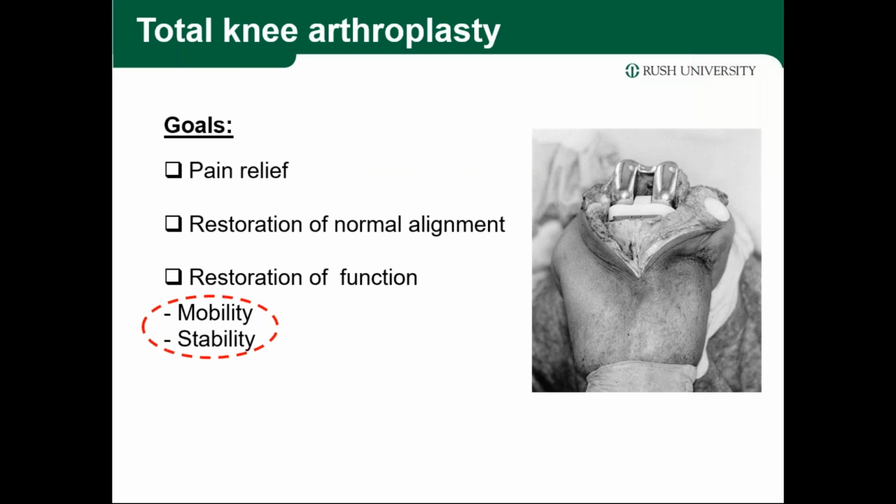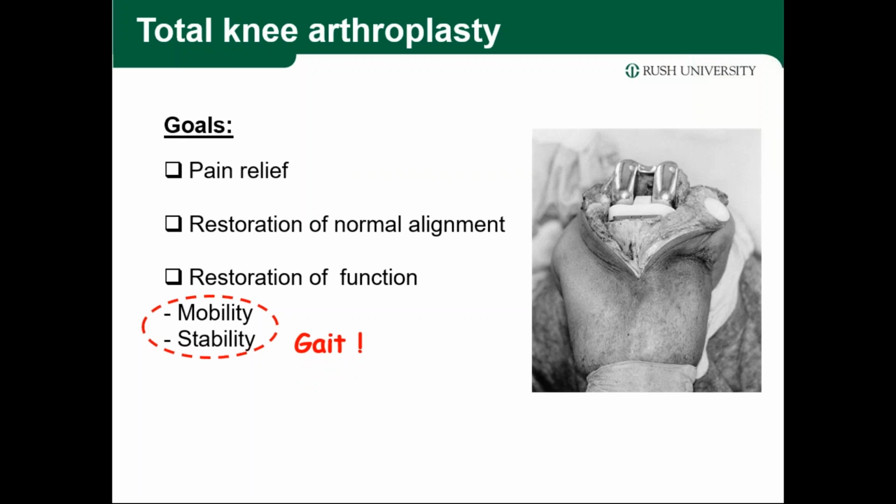The main goal of this surgery is first pain relief, because as we know, patients at the end stage of knee osteoarthritis usually experience very severe pain, which prevents them from participating in daily life activities. The second goal of total knee arthroplasty is restoration of normal alignment of the limb, and the most important goal is to restore the knee function, in terms of mobility and stability.